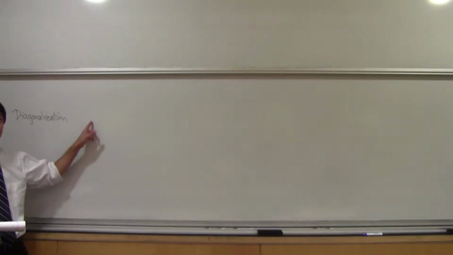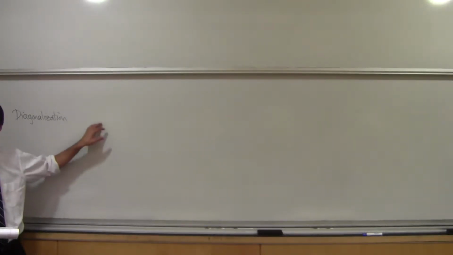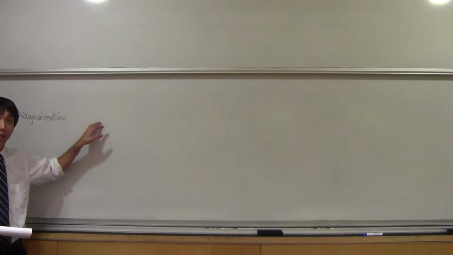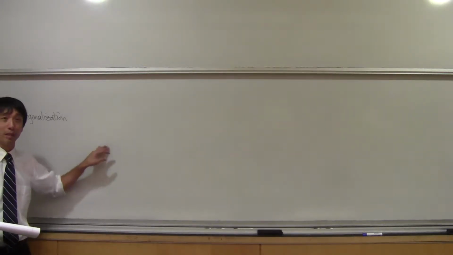So what we said was that if you have n distinct eigenvalues, then you're guaranteed an eigenvector basis. But the opposite isn't true. It's not that you always have to have n distinct eigenvalues. If you have n distinct eigenvalues, you have an eigenvector basis. That's great. But that might not be the case.